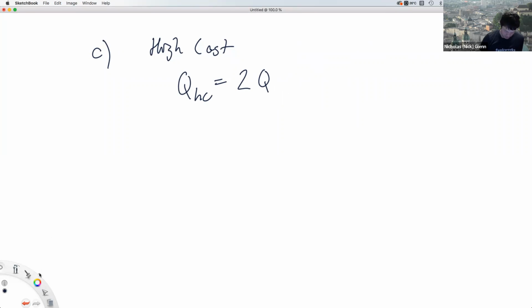Oh, sorry, that's P. There we go. So the high cost is just 2 times the price. So 2 times the price we just found, 5.71. Well, we don't need that dollar sign. And so what that'll give us is that the average each day is 11.42. So some days 11, some 12.